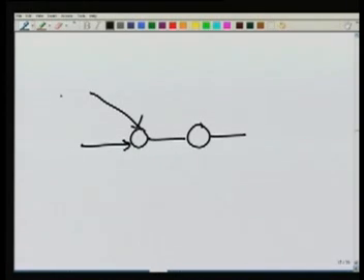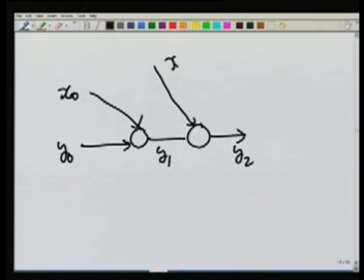So, this is my x naught, y naught, this is y1, this is y2, x1. Obviously, this is w and this is g. So, what is y2? y2 is f of w x1 plus g y1. So, how do I update this w and this g?